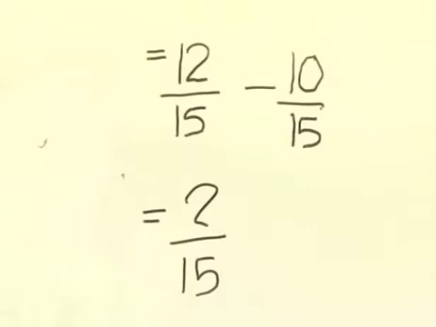Are there any receiving students and 8Es who have another working out you would like to show on the board? Or do all of you have the same working out? Okay, Leonie, can you explain how you got your answer as 2/15, please?